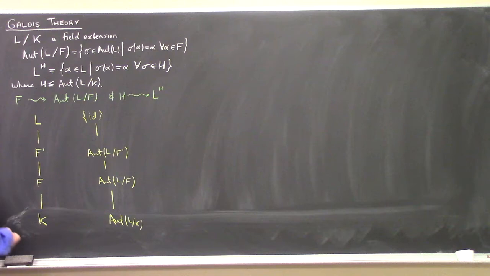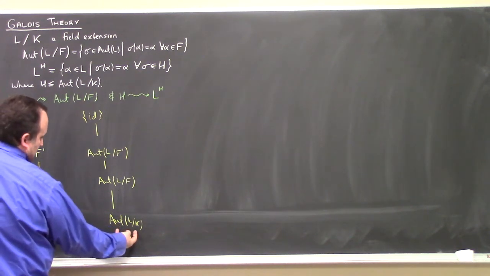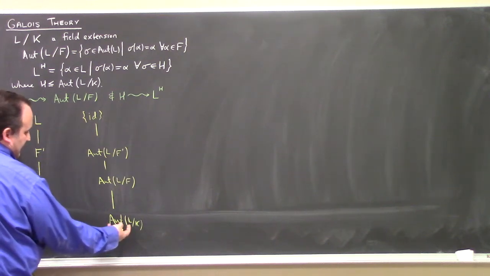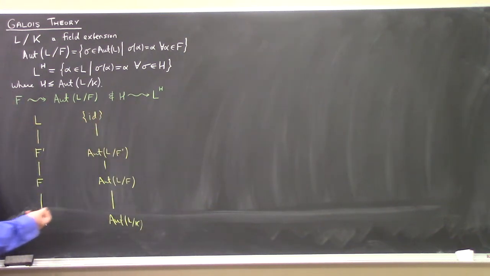So this is a tower of fields, and this is a subgroup diagram written from largest to smallest. Right, so the size, if you will, of these two pictures is sort of inversely related, right? Biggest to smallest versus smallest to biggest, so to speak.